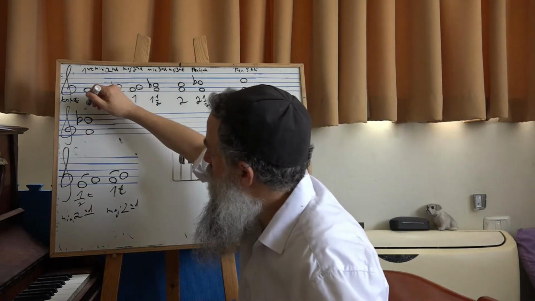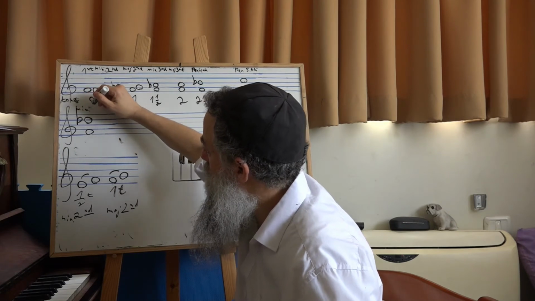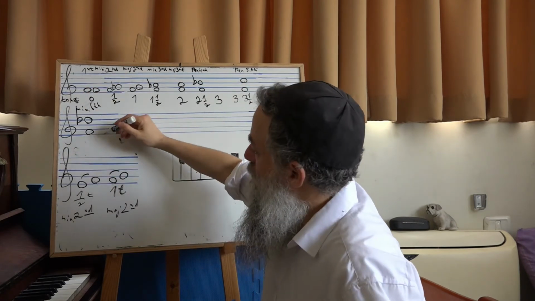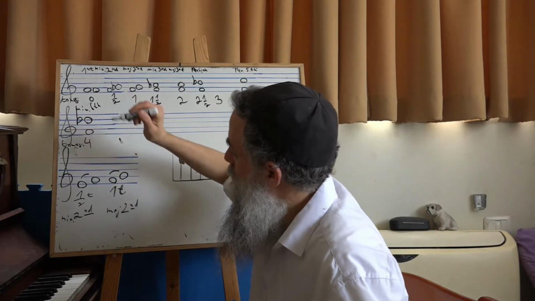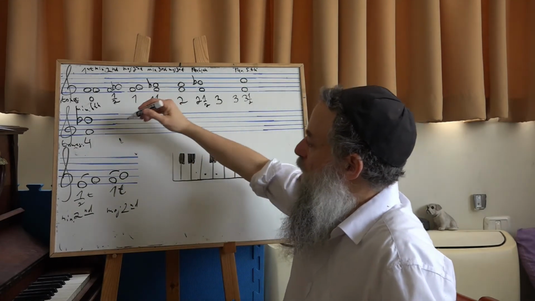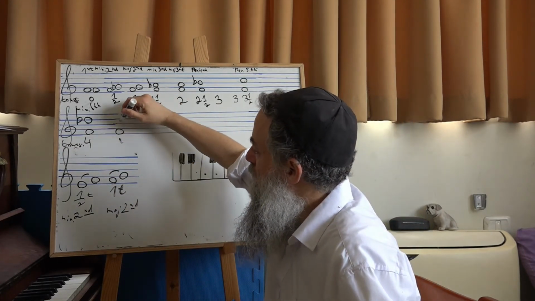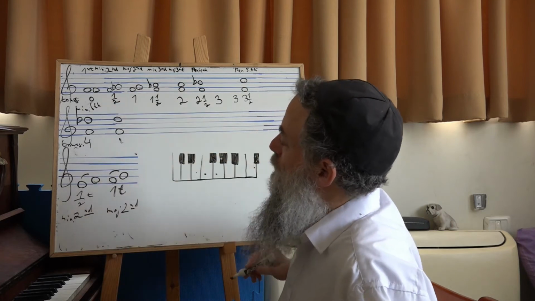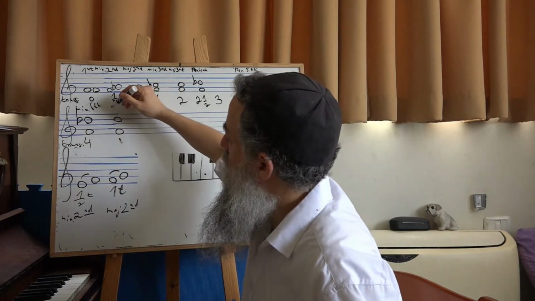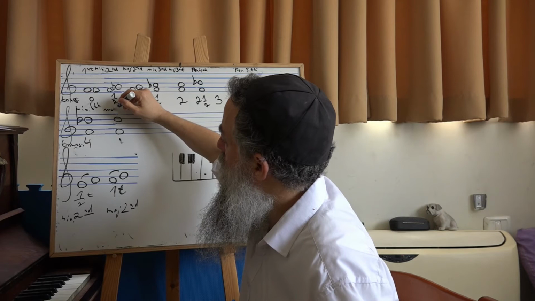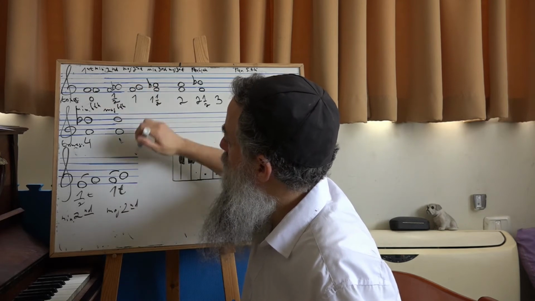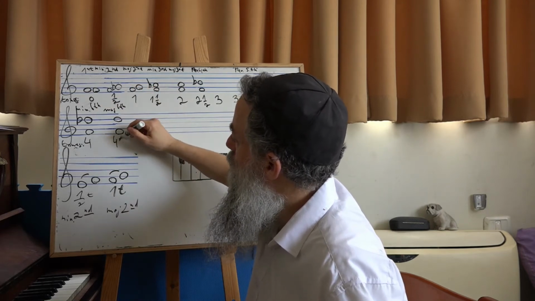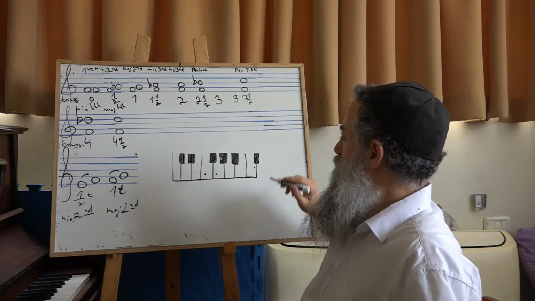Now that's called a minor sixth, which has the size of 4 tones. Why is that? Because we have a sixth which is larger than that, which is from F to normal D, and that's a major sixth, which has the size of 4.5 tones.